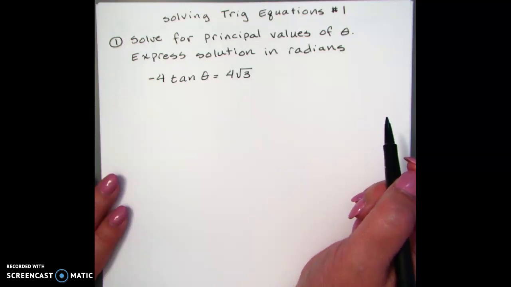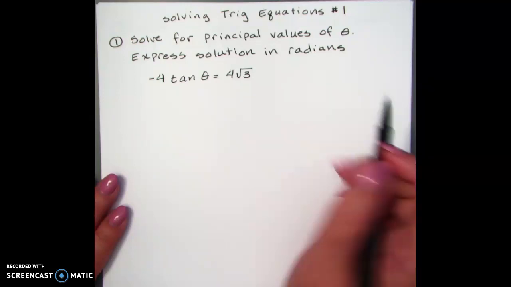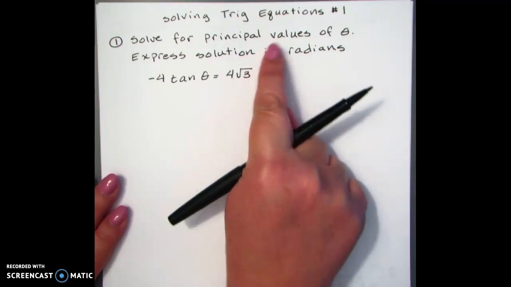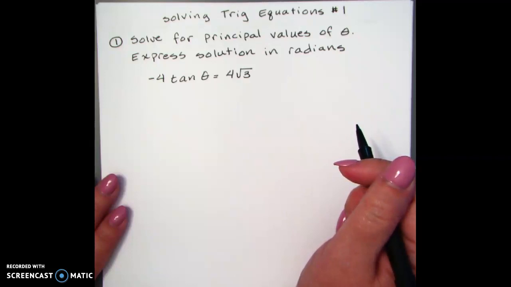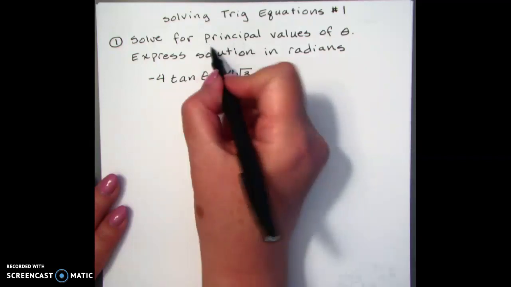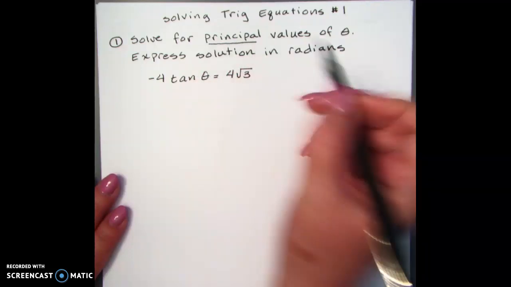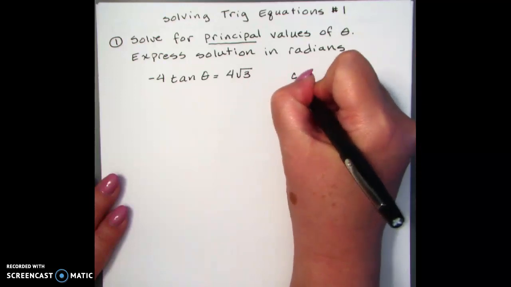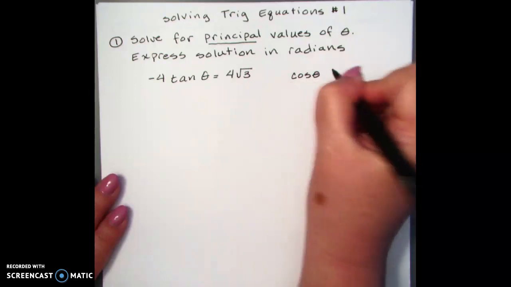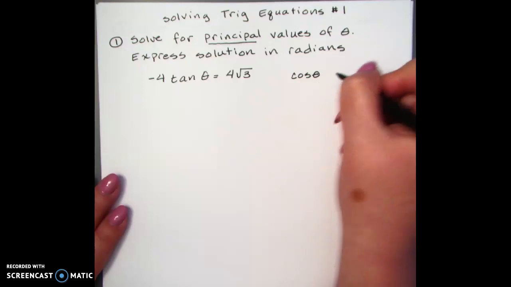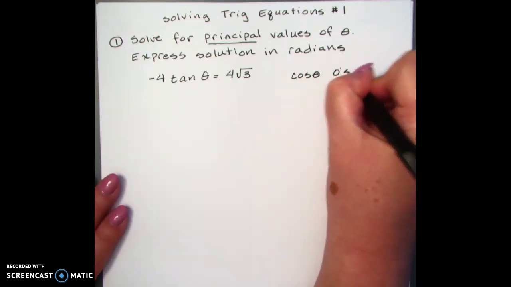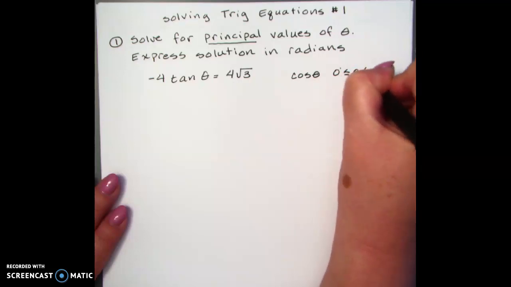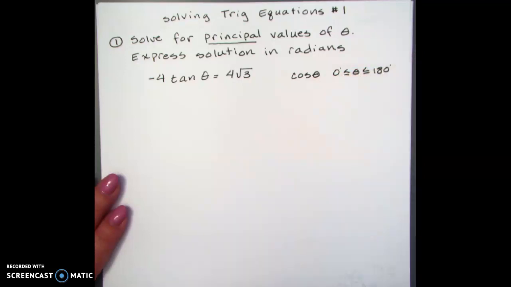So today we're going to be solving trig equations and talking about principal values versus one revolution versus all possible solutions. In this case, they did say principal values. So when that happens, if you recall, for cosine of theta, theta is limited to be between 0 and 180, or between 0 and pi, depending on if you're in degrees or radians.